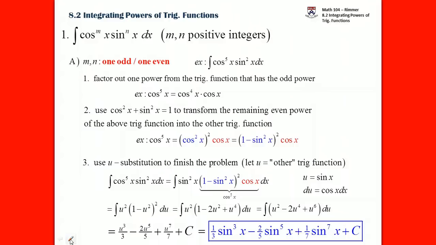And this method is used when one of the powers is odd. I know it says 1 odd, 1 even, but we're going to see that if they're both odd, we do the same thing anyway. Okay, so when 1 odd is present, this is the attack. And this always has cosine. We're talking about only cosine and sine involved. Maybe you won't even have the other one, but at least right now we're dealing with cosine and sine.